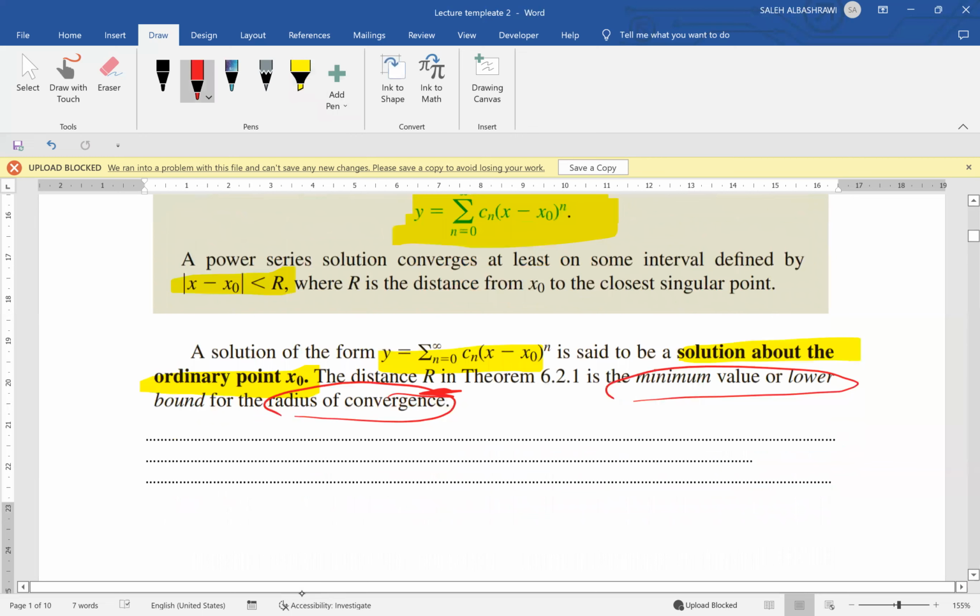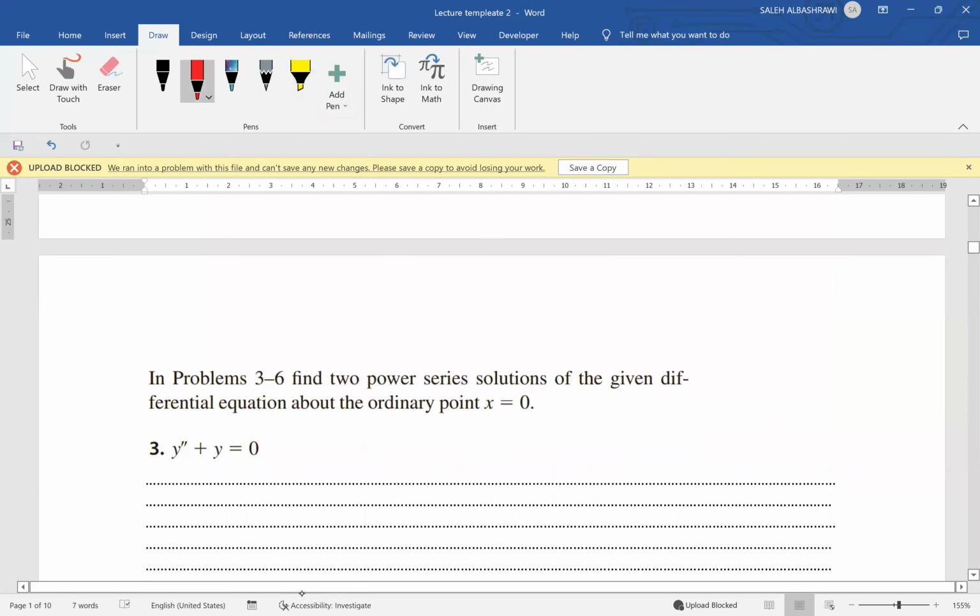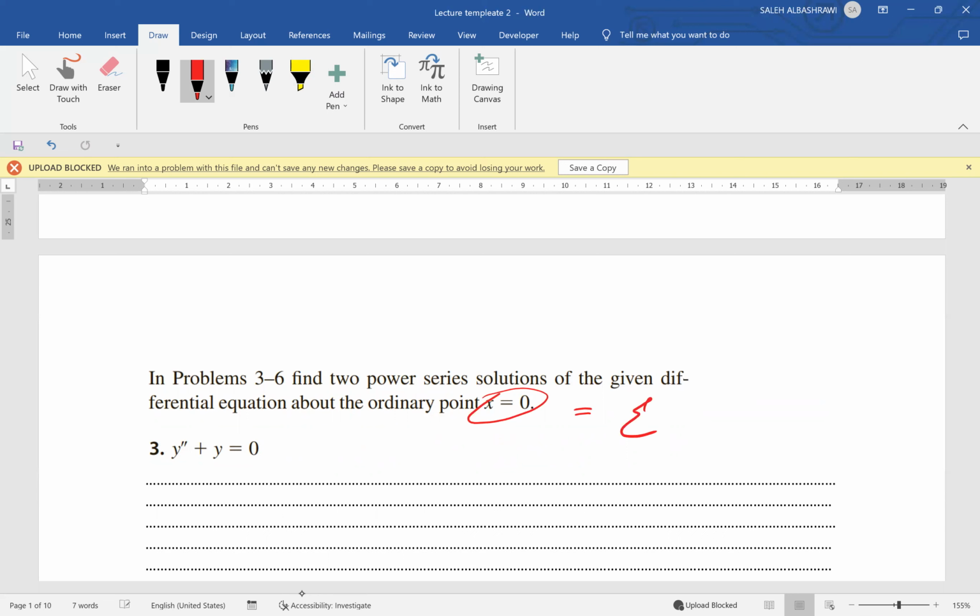So, some examples. We need to find two power series solutions of the given differential equation about the ordinary point x equal to 0. It means I need to find the solution in the form c sub n x to power n, because it is x minus x sub 0, but x sub 0 is equal to 0.